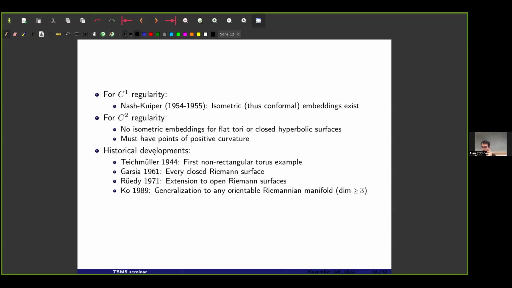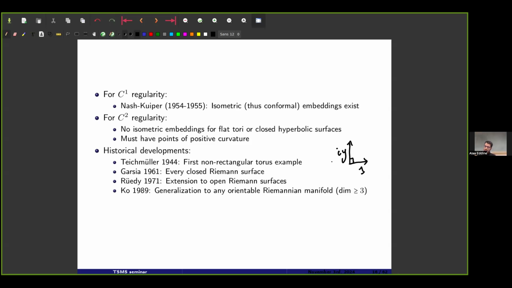The first answer was given by Teichmüller, who found the first examples of non-rectangular tori. What I mean by a non-rectangular torus is a torus that is not biholomorphic to C modulo some lattice generated by one and some imaginary number. If you take this lattice and take the quotient of C by it, we call this a rectangular one.